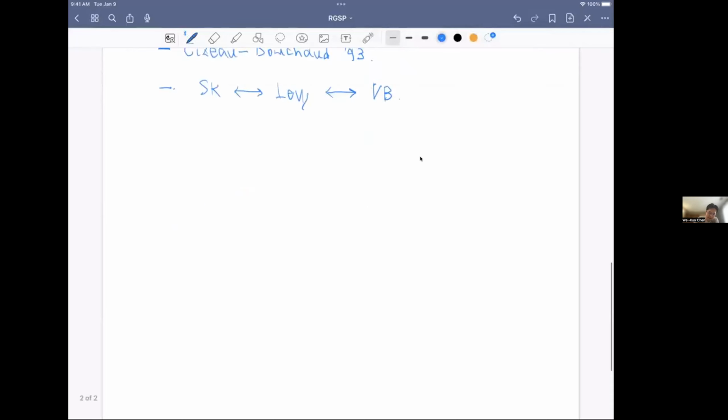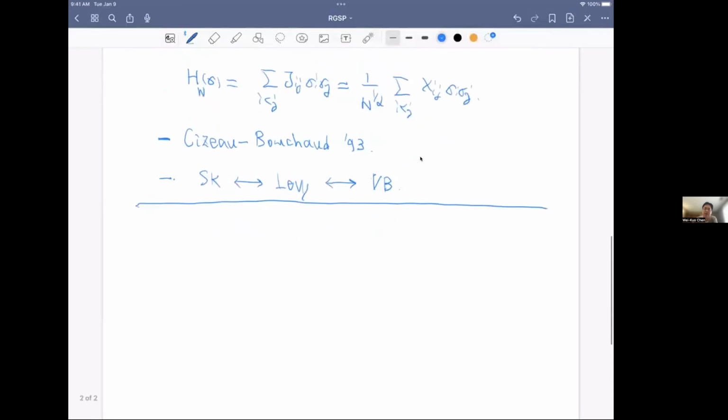As in the usual statistical physics 101 class, people always care about the partition function. In this case, there's no difference. It is just the sum of all Boltzmann weights, and I put a parameter beta here. This is the inverse temperature.